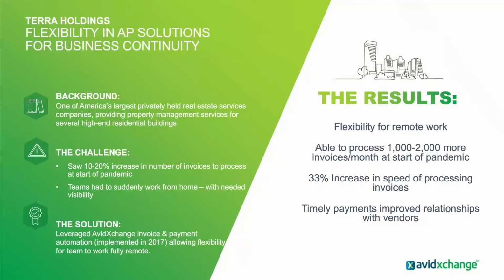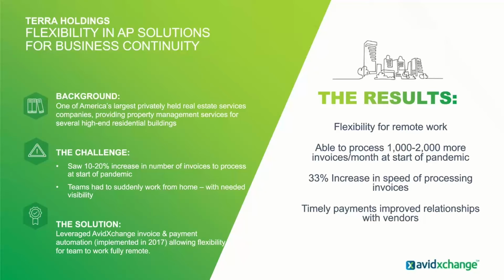So they were able to process between 1,000 and 2,000 more invoices a month. They saw a 33% increase in speed of invoice processing, and through payment automation, they saw timely payments that they maybe weren't seeing before in a manual process.